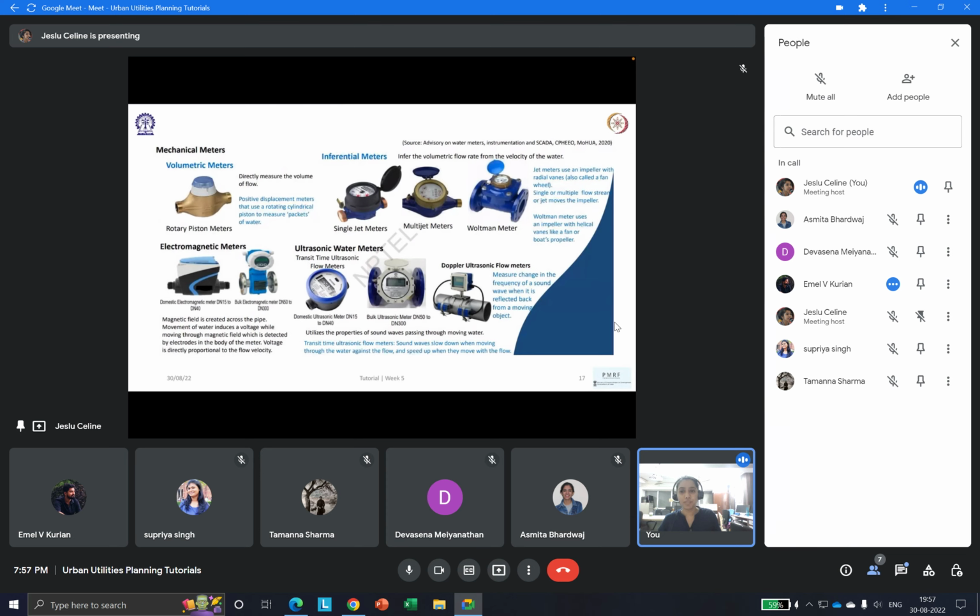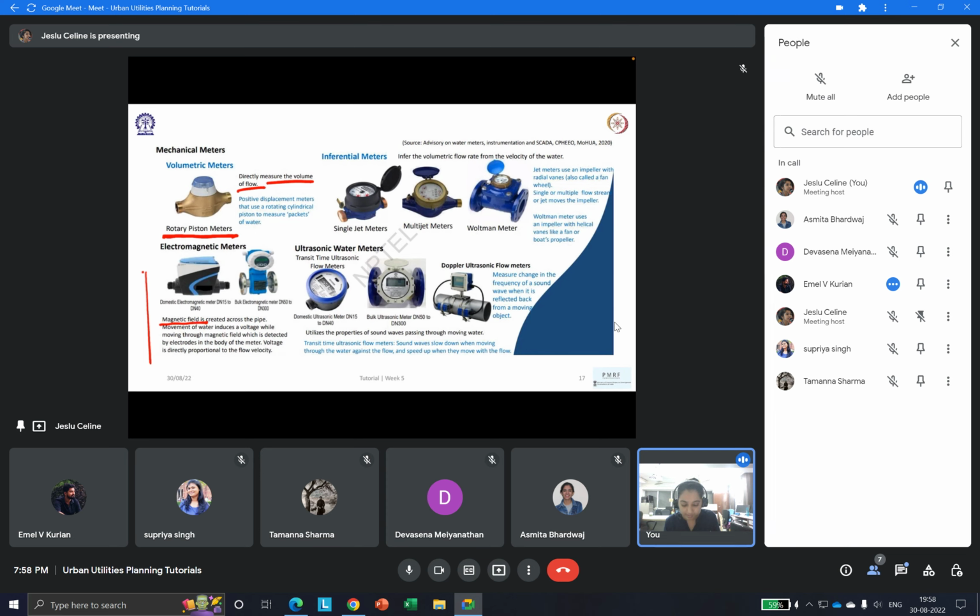So we have volumetric meters, and the rotary piston meter is a type of volumetric meter which can directly measure the volume of flow. It's a displacement meter that is based on how much water the volumetric flow is. We can directly measure that. And when it comes to our electromagnetic meter, there is a conversion which is required. A magnetic field is created, and because of the movement of the water, it induces a difference in voltage, and because of that we get the flow.